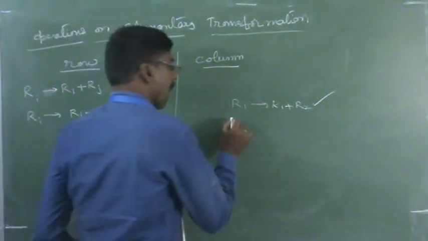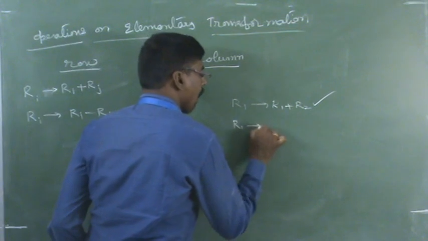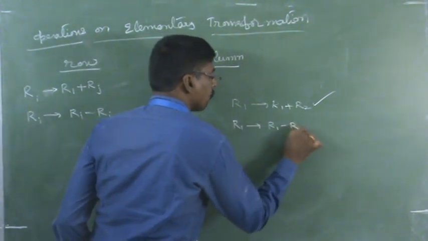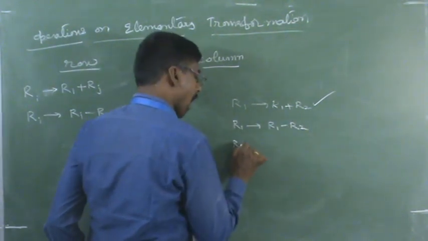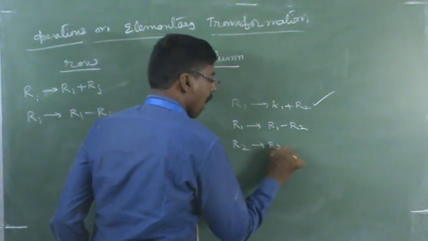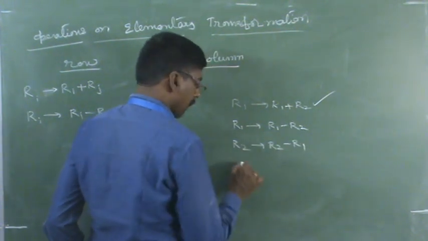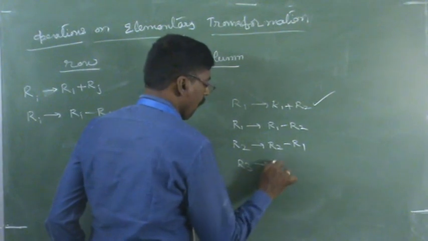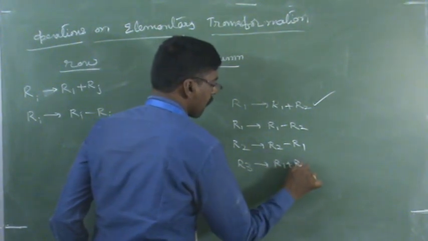For example, R1 tends to R1 minus R2. For example, R2 tends to R2 minus R1. Then R3 tends to R1 plus R2 plus R3.